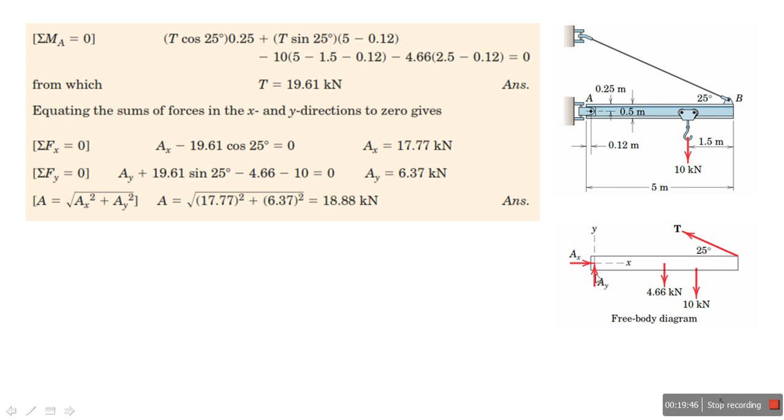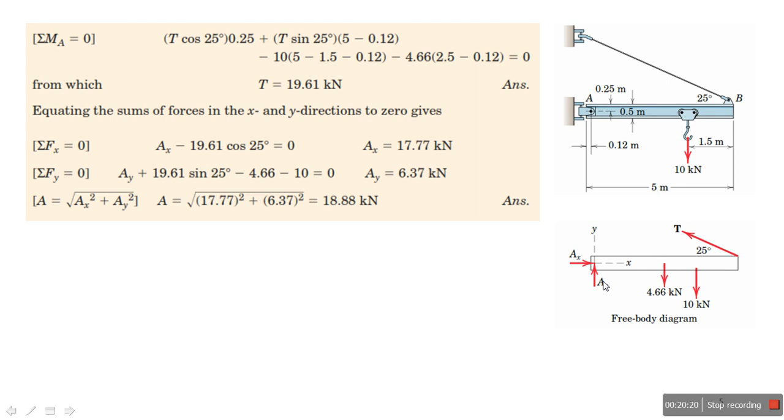Now, I want to calculate Ax and Ay. Summation of all forces in the x-axis is equal to 0. So Ax plus minus T cosine 25 equal to 0. Why? Because I have just two forces in the x-axis, Ax and the component of T. So I got Ax.